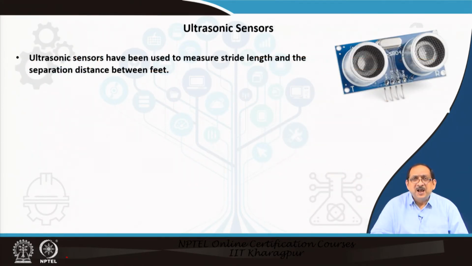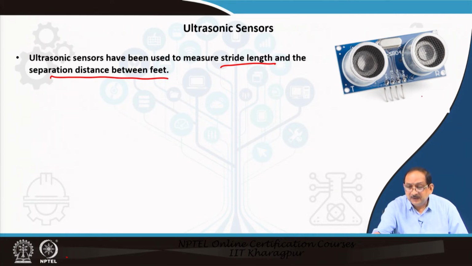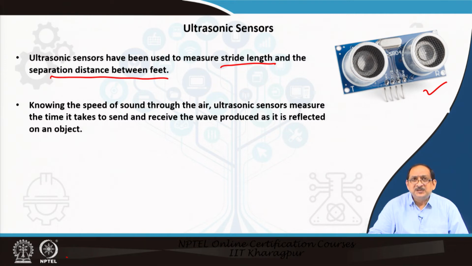Ultrasonic sensors have been used to measure stride length and the separation distance between feet. On the right, you can see an ultrasonic sensor. Knowing the speed of sound through air, ultrasonic sensors measure the time it takes to send and receive the wave produced as it is reflected on an object.